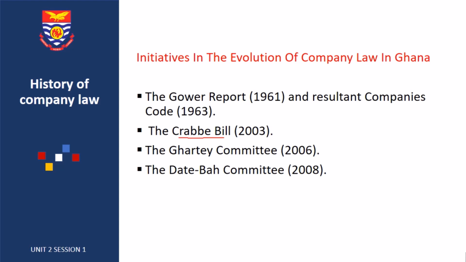This was also a report to ensure that amendments could be made to Act 179, which is the old Act. Now, we also had the Gates Committee report in 2016, then the Taban's Committee report, which was 2008. Now, all these reports were to ensure that amendments could be done to the old Companies Act 1963, Act 179.